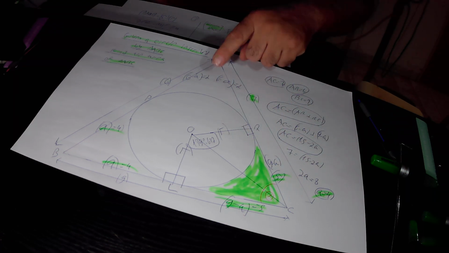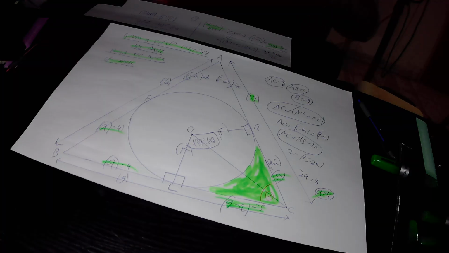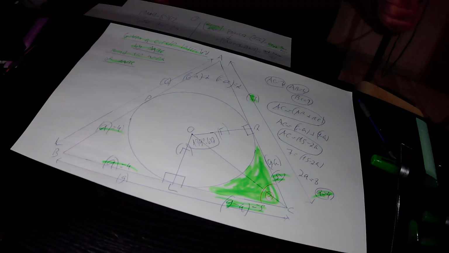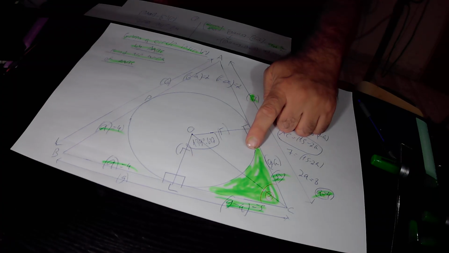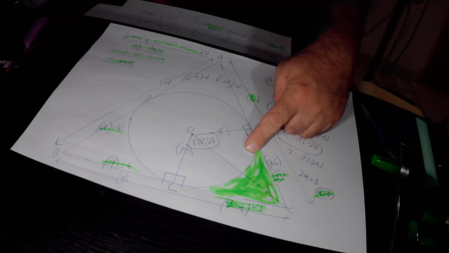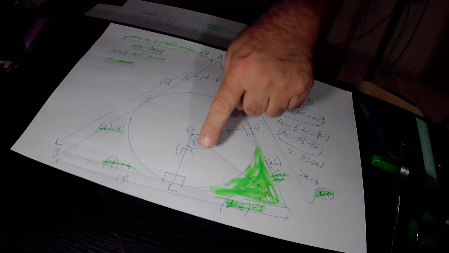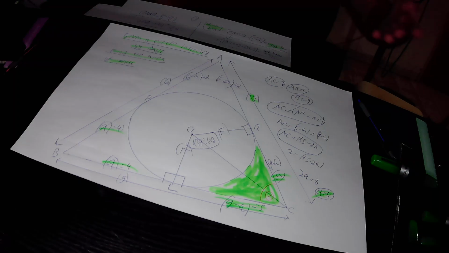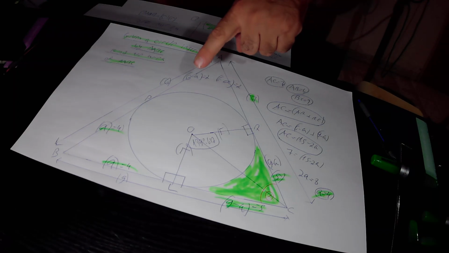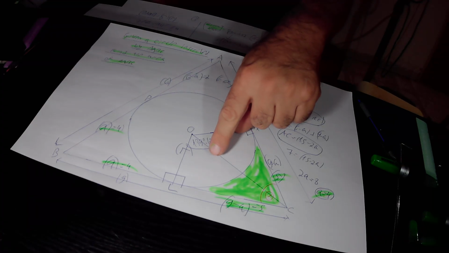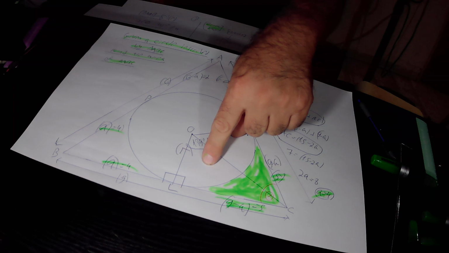By joining points O and C, we divided quadrilateral QOLC into two parts. The first part is this right triangle QOC, and the second part is this right triangle OLC. So it's very clear from the drawing that the area of quadrilateral QOLC equals the sum of the areas of those two right triangles that it consists of.